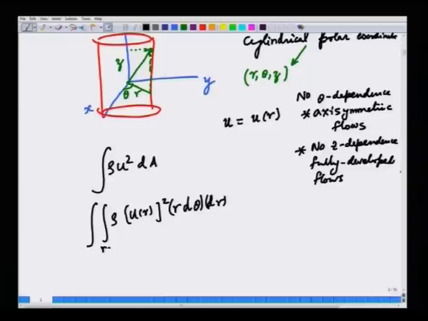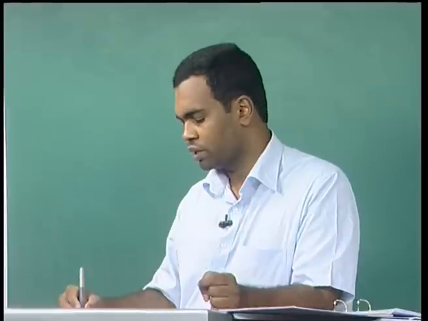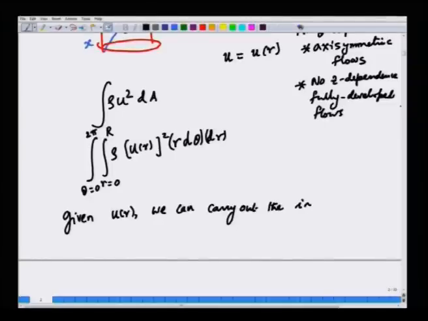So, you are integrating r from the center to the radius and theta from 0 to 2 pi. Provided given u of r, we can carry out the integration to calculate the momentum flux term in the integral momentum balance, because in general the flow is not uniform. So, we have to do this in order to calculate the flux terms.